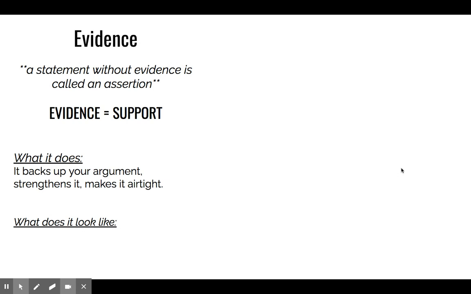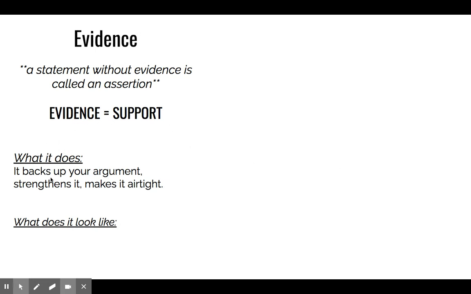If you had a statement without evidence, that is called an assertion. So if you were to make a claim and not provide any evidence, you would just be making an assertion, and that's not what our goal is. Our goal is to provide statements with evidence, because evidence is simply support.